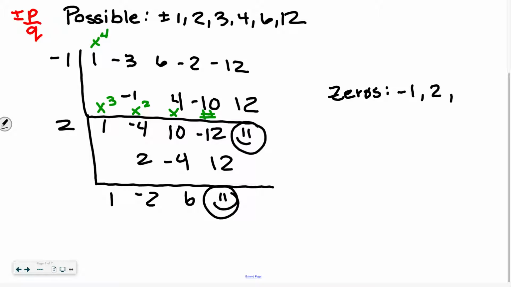So this was x to the 4th, this was x cubed, so this is now x squared, x and a number. My recommendation to you is, anytime you get it to a quadratic, rewrite it as a polynomial. So x squared minus 2x plus 6, and I'm going to set it equal to 0.